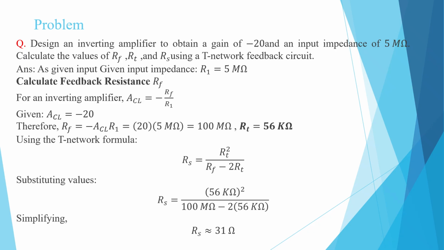Using the T network formula, RS equal to RT square by RF minus 2RT. RS equal to 56 kilo ohm squared divided by 100 mega ohm minus 2 into 56 kilo ohm. So RS will be approximately equal to 31 ohm.